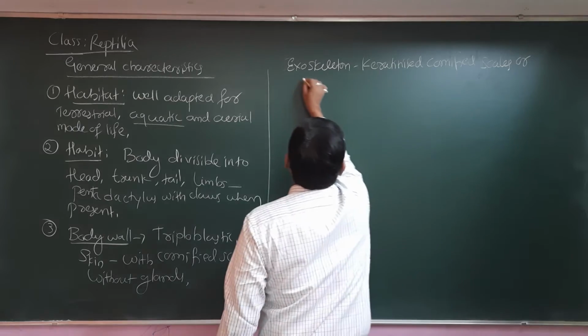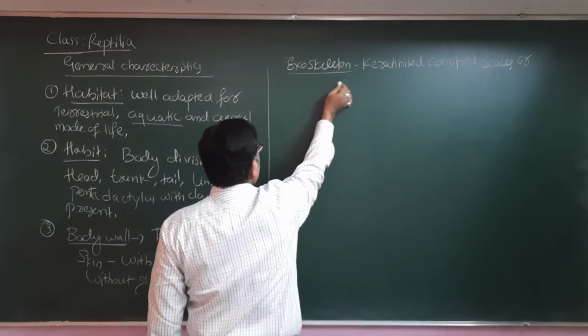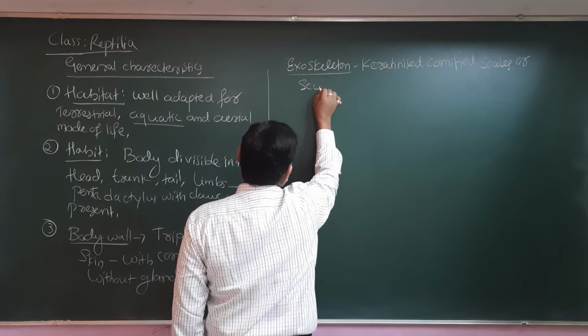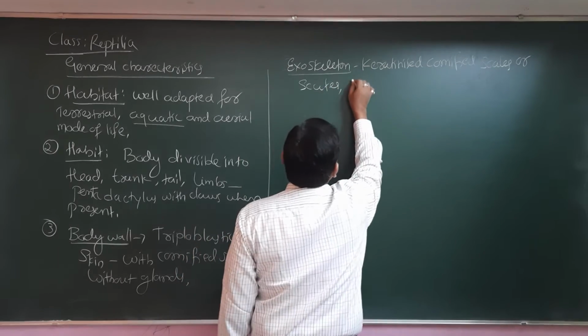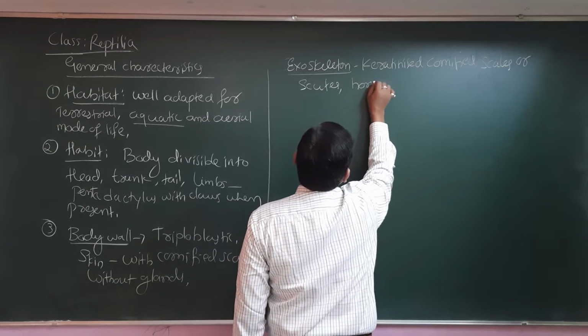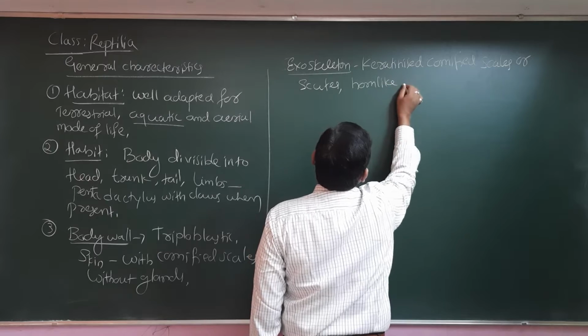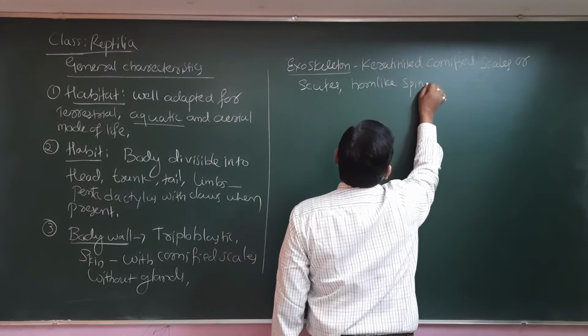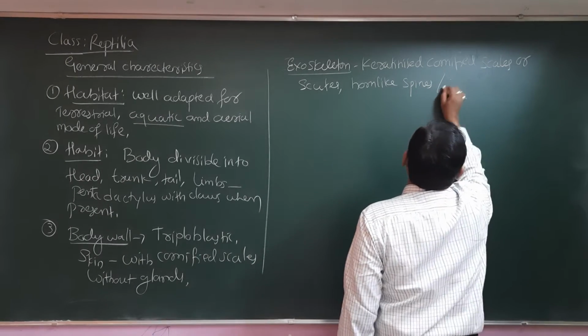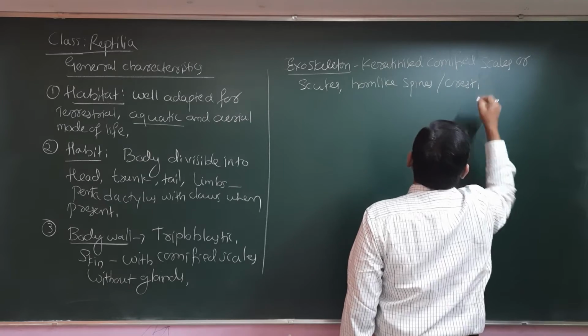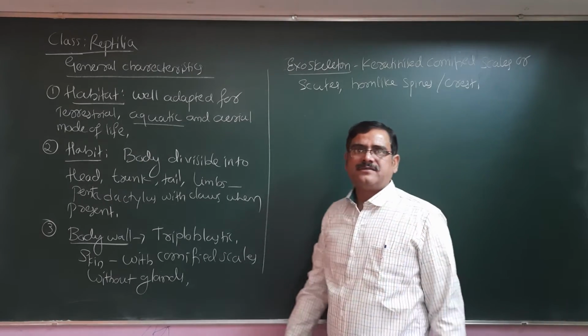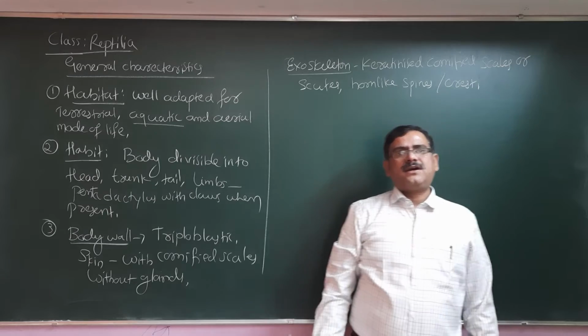Or even in the case of the crocodile, they have the scutes. They may have horn-like spines, or a crest we can find in these animals. And digits with claws.